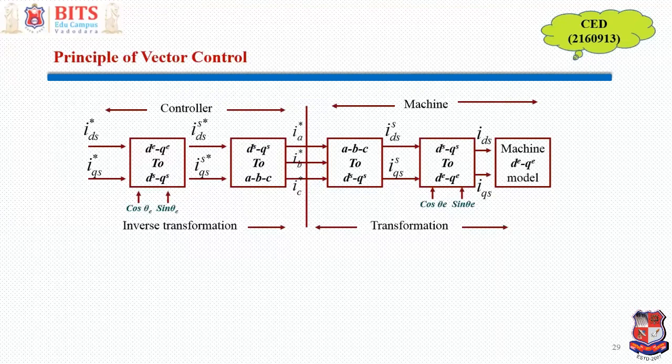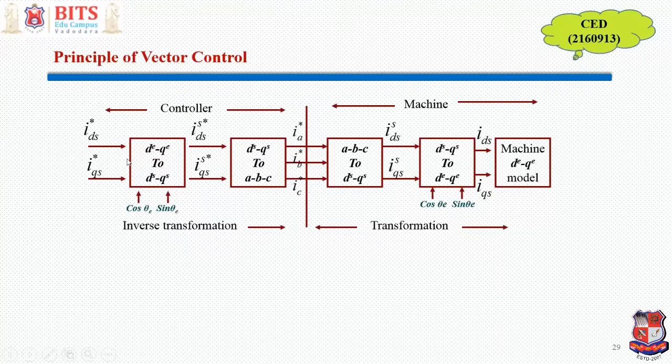So actually what is done in vector control? In vector control, you have measurements of stator voltages and stator currents. From that, all estimations are made, and all the transformation-related angles, cos theta, sin theta, everything is calculated. Then you have 3-phase to 2-phase transformation, and 2-phase to synchronous reference frame transformation. And then you have the actual available values of ID and IQ.